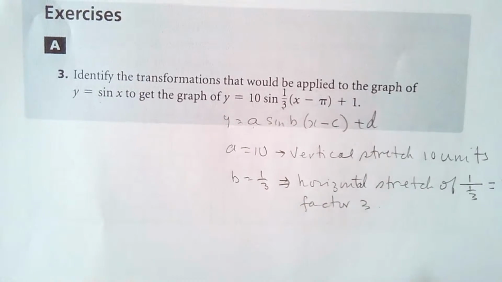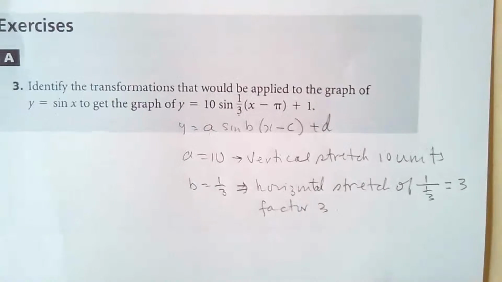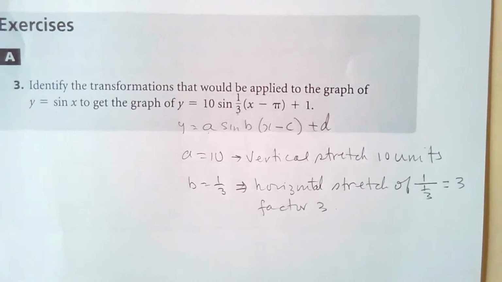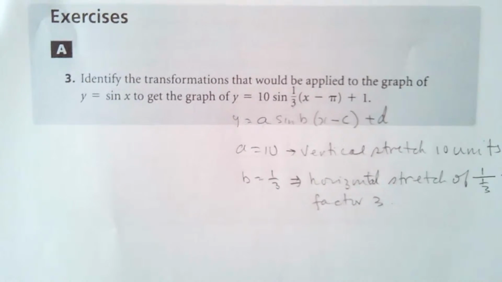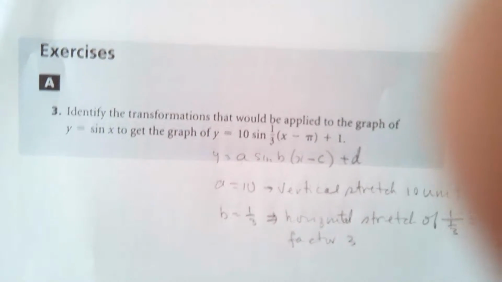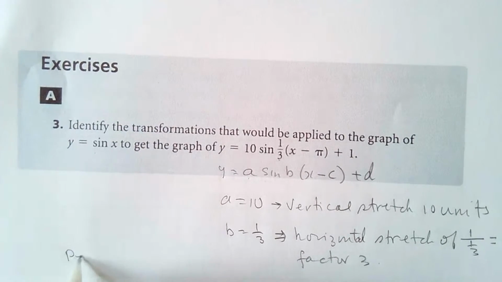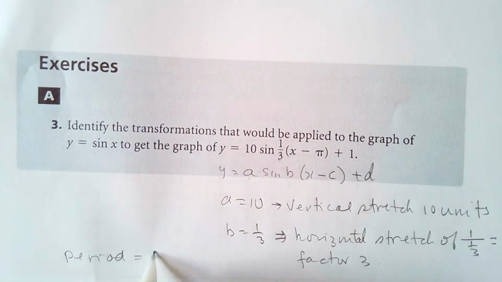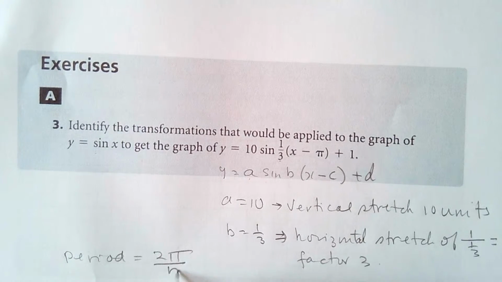So if you were to use your formula, remember that wonderful one, it's so useful to use because it puts it in perspective. The period is equal to 2 pi over b.